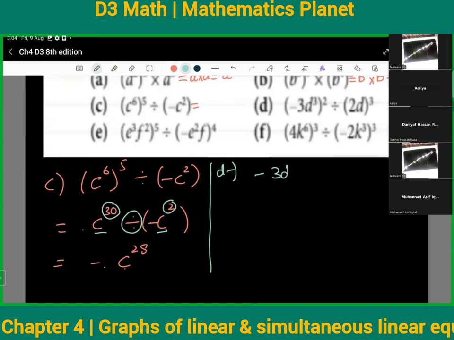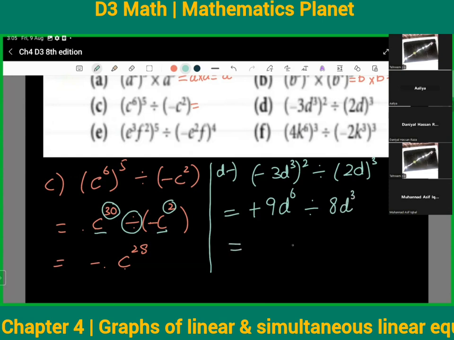Yes, Daniel. Come to D part. Minus 3d to the power 6. It should be plus because minus to an even power should be plus. So what will you get? 3 squared is 9, so 9 d to the power 6. Okay, next. 8d to the power 3.